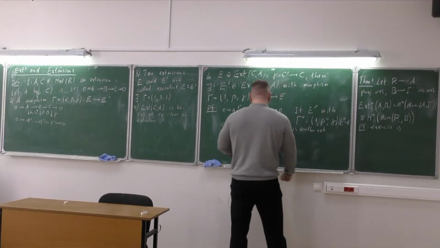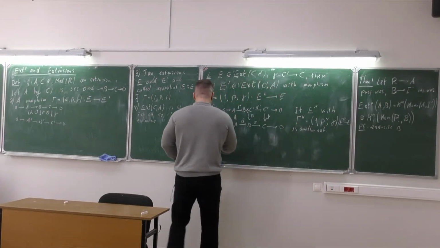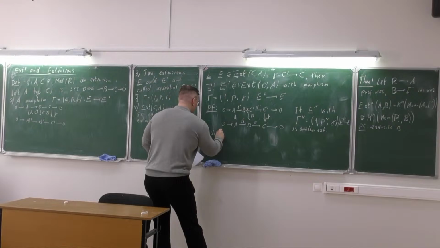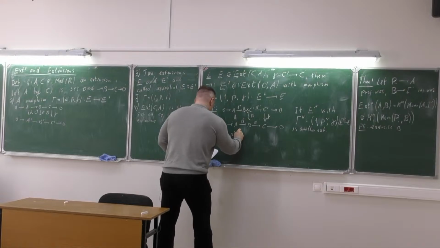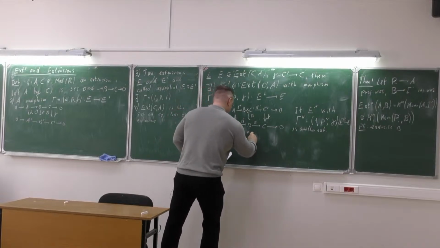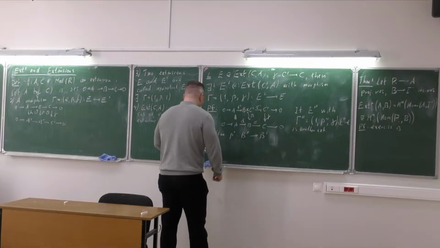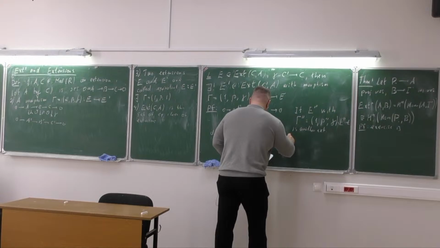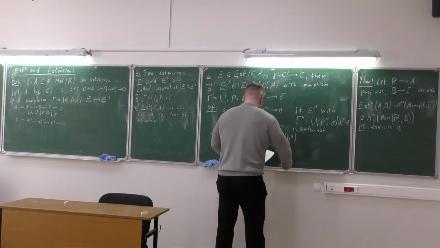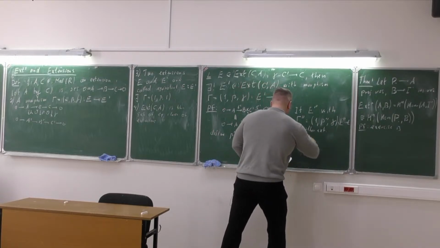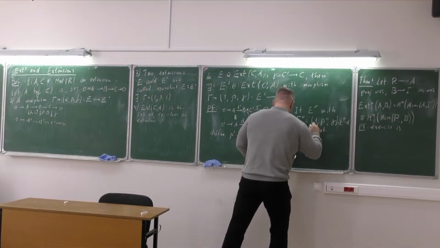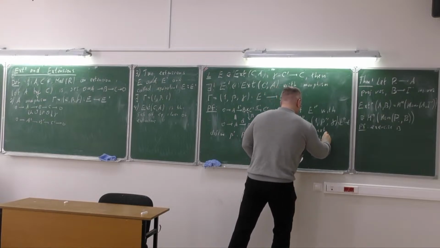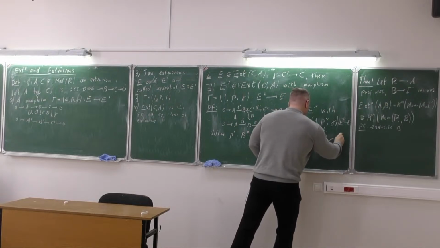Well, you can just define beta prime from the B double prime to the B, again using elements, say by the formula: if you apply this to some element b with 2 primes, this will be beta with 2 primes applied to b, and sigma with 2 primes applied to b with 2 primes.